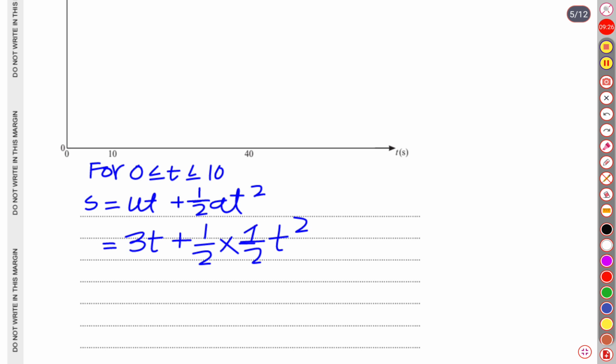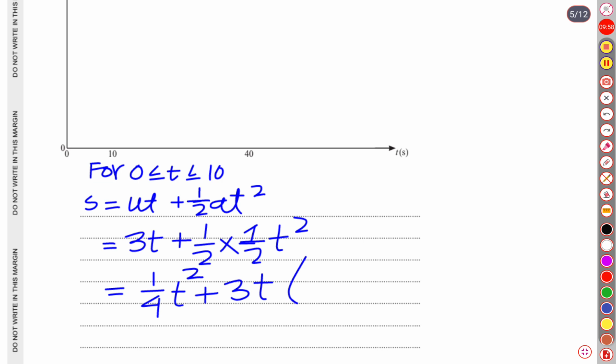The exact value is also necessary for displacement, but let us see the shape of the graph, because if we don't know whether it is a straight line, a curved line, a quadratic or cubic function, how will we start our drawing? So we get s equals 1 over 4 t squared plus 3t. What will be the shape of this?